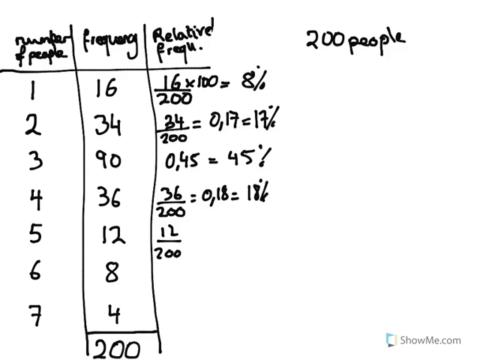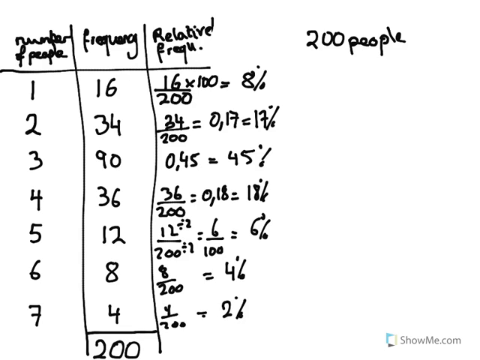It's easy to turn it into percent if we divide top and bottom here by 2, giving us 6 100ths, which gives us the percentage directly, 6. So if we just divide the top number by 2, we get the percentage directly. 8 200ths will give us a percentage of 4%, and 4 200ths will give us a percentage of 2%.